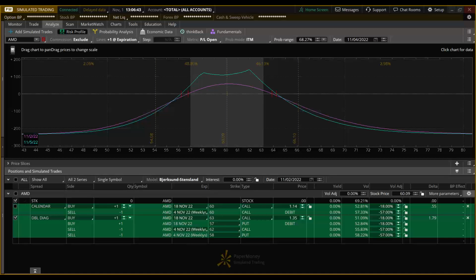There is such a thing as a double diagonal that is actually more expensive than a calendar. It's what we call a guts diagonal, but we're out of time. Maybe in the next webinar we can get into that. But the regular double diagonal is, so let me illustrate. What if I would have done this as a double calendar?